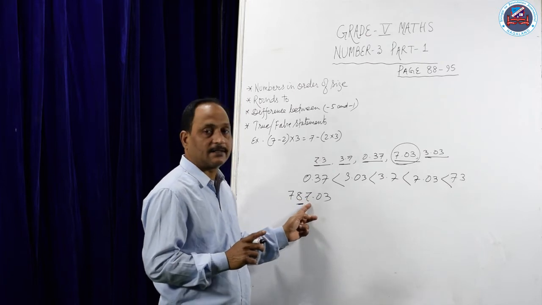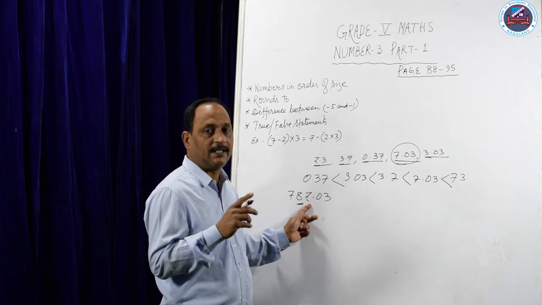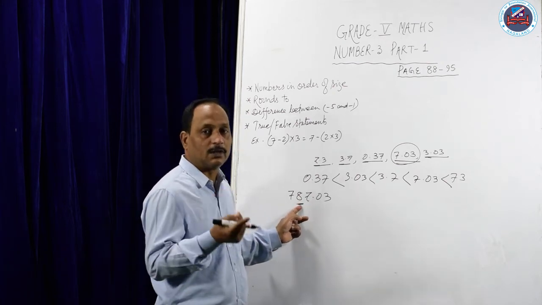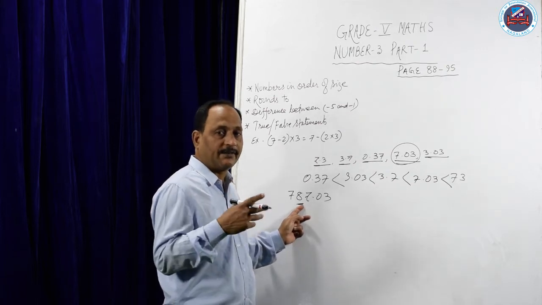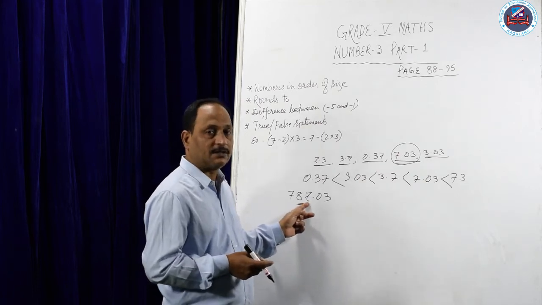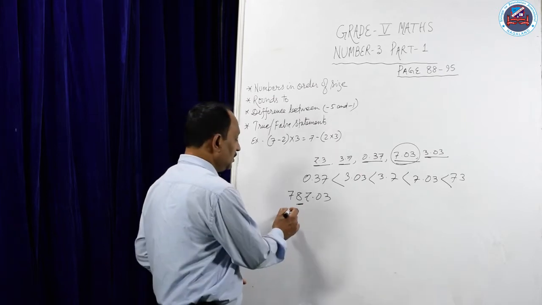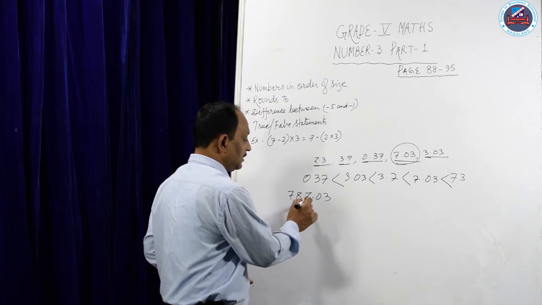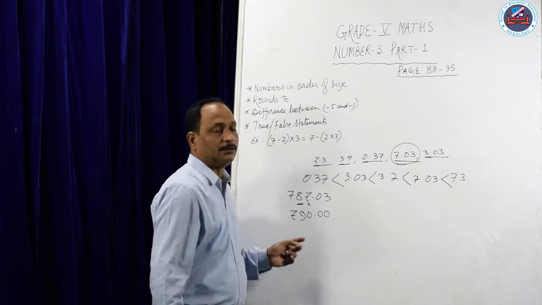And if the next number is 5 or more than 5, that is 5, 6, 7, 8, 9, then the tens digit will increase by one, that is 8 will turn to 9. If it is 5, 5 will turn to 6. So this number is 7, which is more than 5, so 8 will turn to 9. So your number will be 7, 9, then this digit will become 0, and all the remaining digits will become 0, 0.